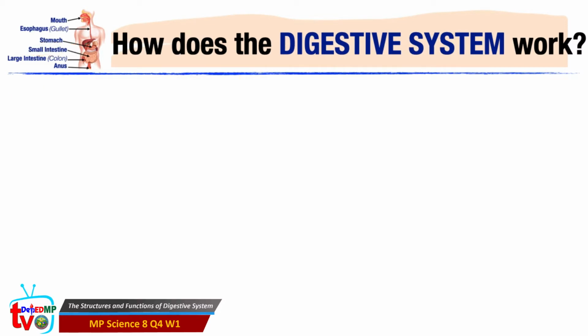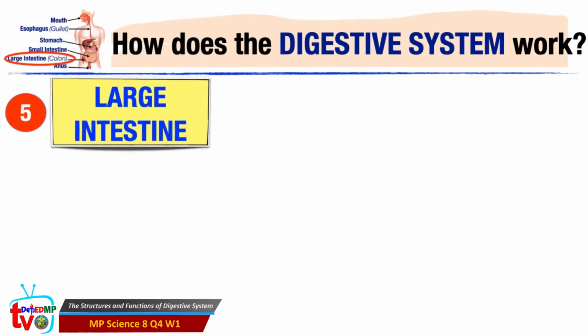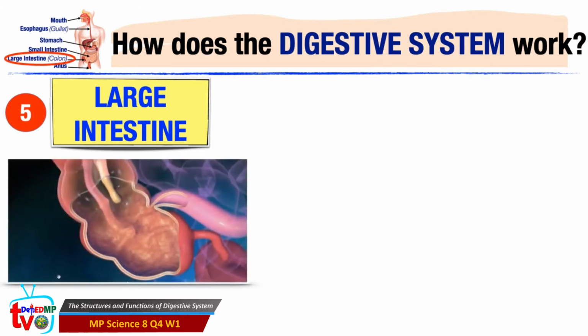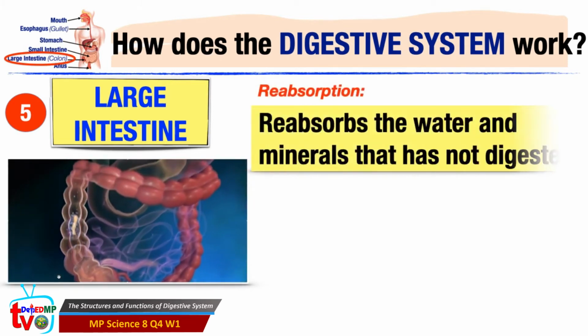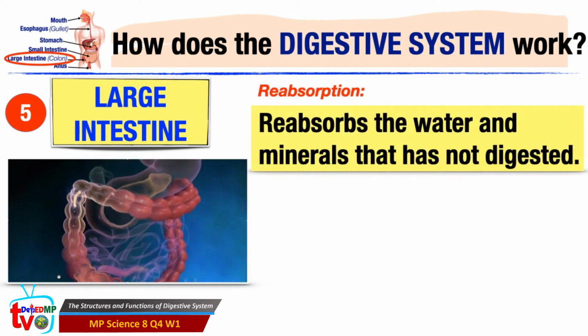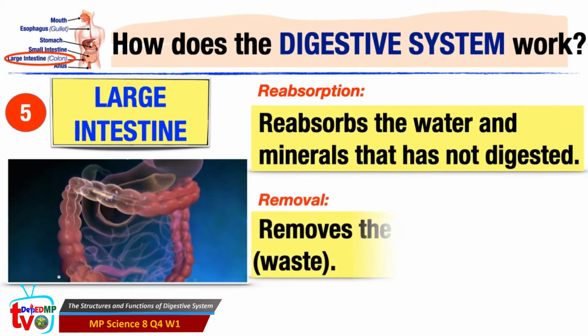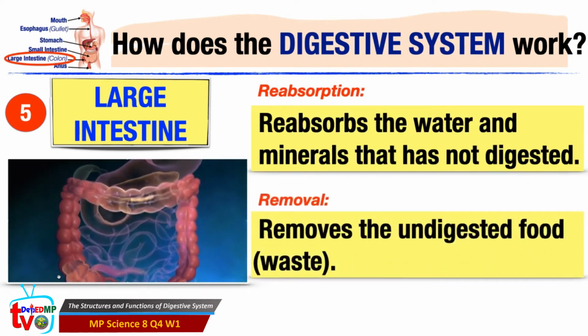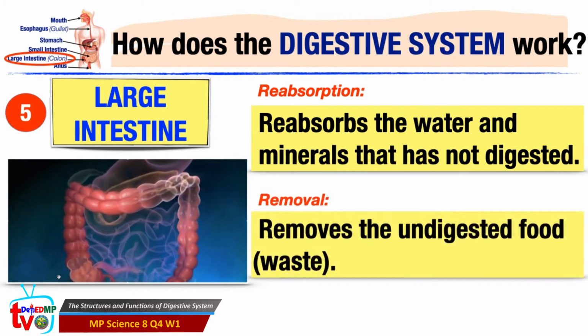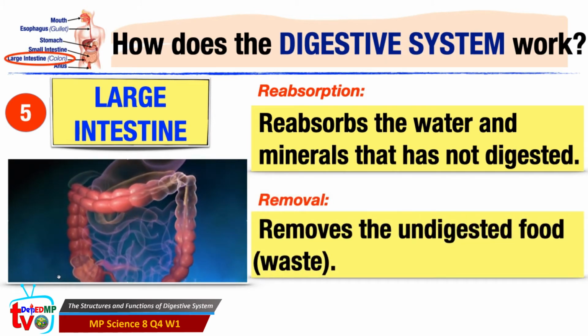From the small intestine, the undigested food is passed through the large intestine. The large intestine reabsorbs the water and mineral that is not digested as food. The undigested food is also removed by the large intestine because they are considered waste.